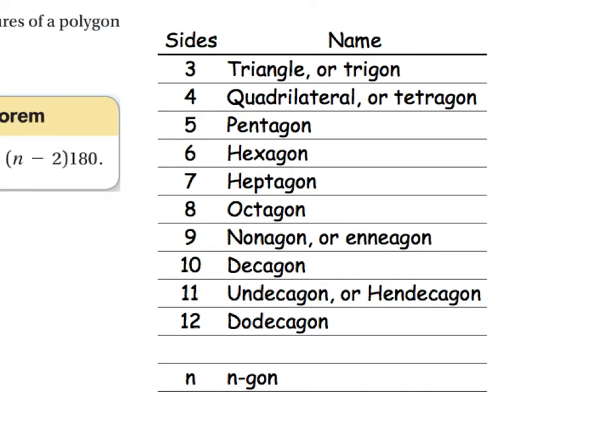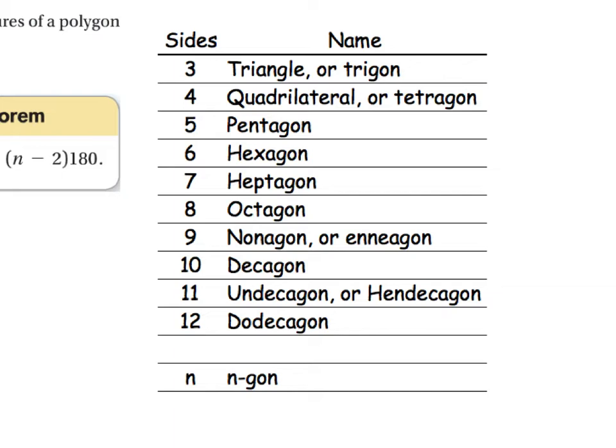Pentagons are 5, hexagons have 6 sides, heptagon with a P is 7-sided, octagon is 8, nonagon is 9, or enneagon, I don't know, I've never heard that one, I always have just heard nonagon. Decagon is 10, deca means 10, undecagon or hendecagon is 11-sided.